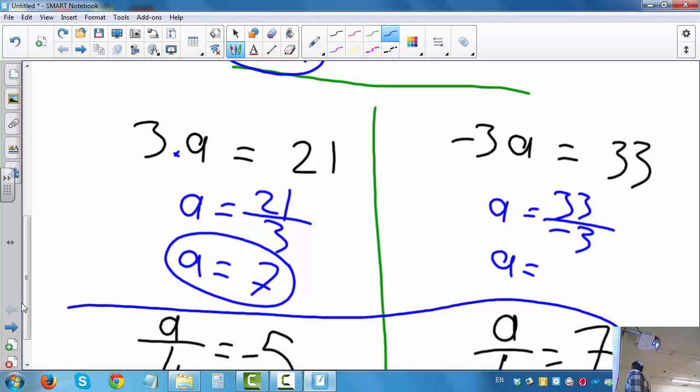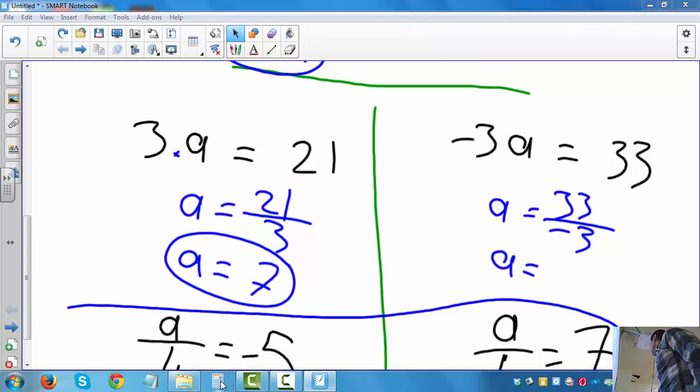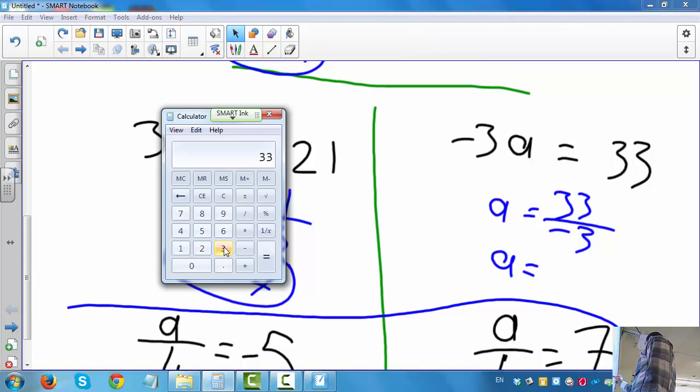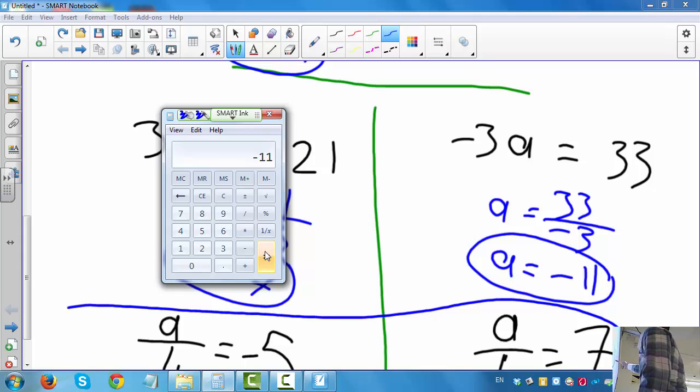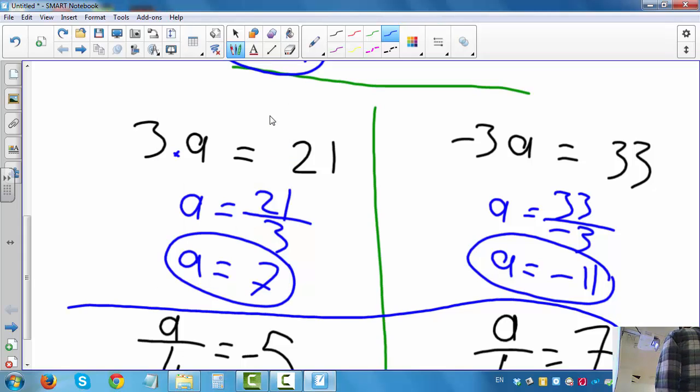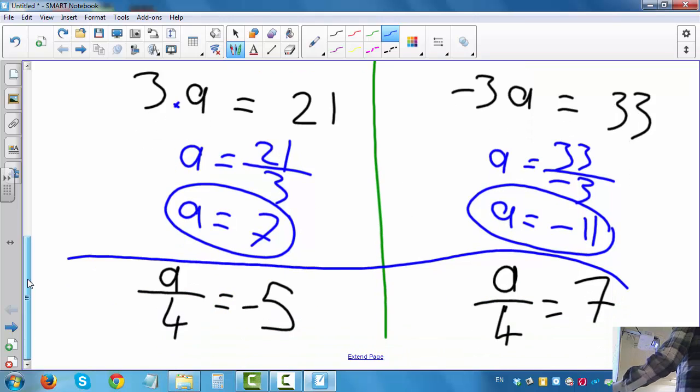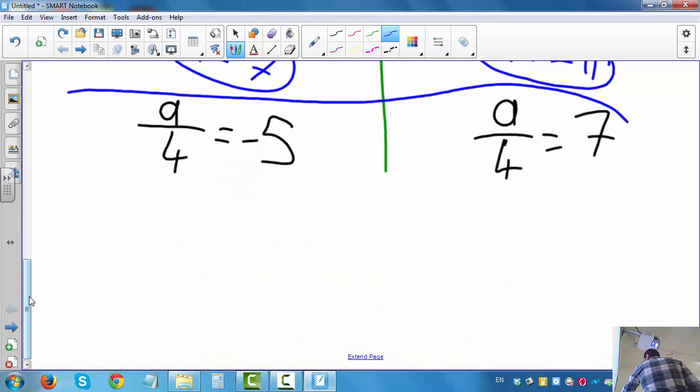And when you use your calculator, 33 divided by 3, which is negative, I'm going to get minus 11. So my answer will be minus 11 here. So whatever the number is next to the letter A, which is minus 3 in this case. Now let's do our very last example.